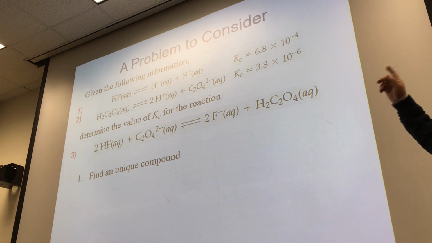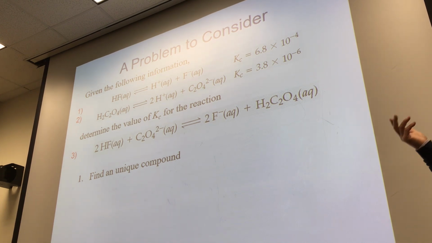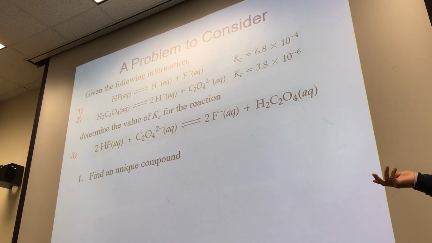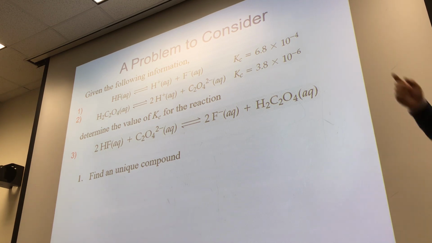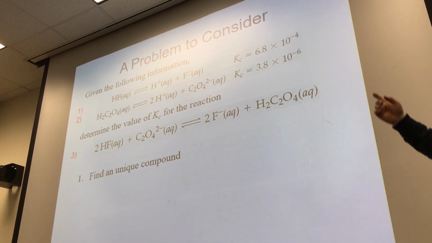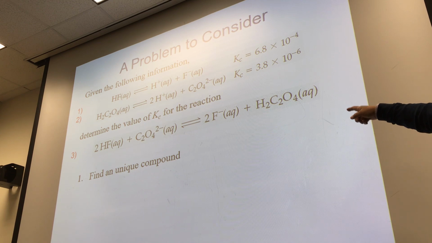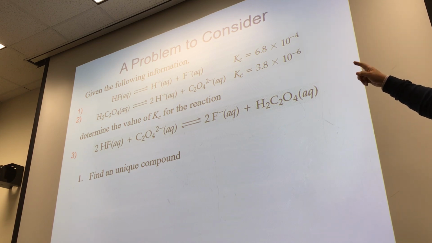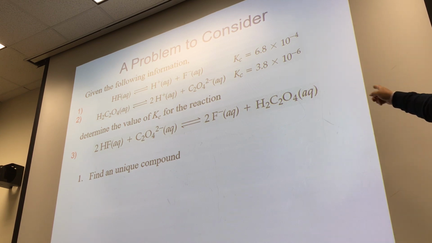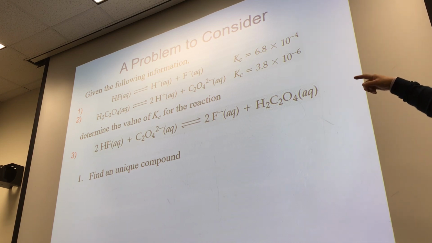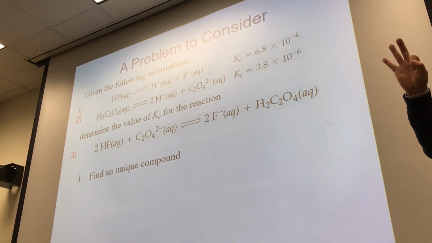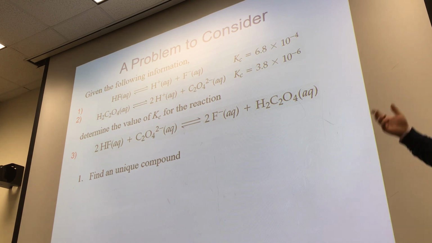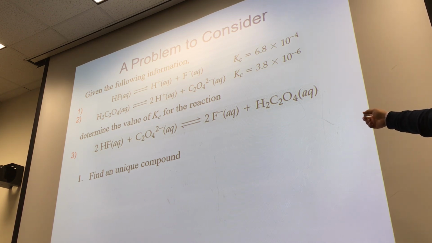Equations 1 and 2 are equilibrium equations with K values. I'm going to figure out equation 3 using a combination of equations 1 and 2, because I don't have the K value for it. I'm going to use the 3 rules I just mentioned to adapt to equation 3. Any other questions?